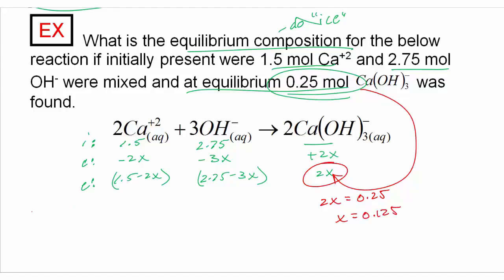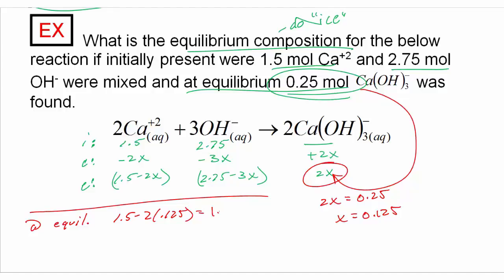Okay. So now I can find everything. At equilibrium, I'll have 1.5 minus 2 times 0.125. That'll be my moles of calcium. 1.5 minus 2 times 0.125 is 1.25 moles of calcium.